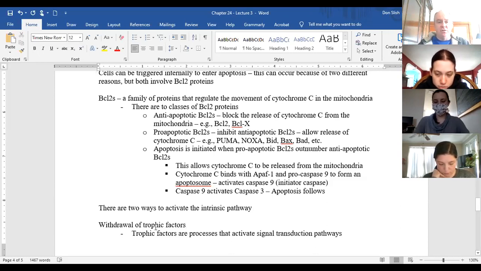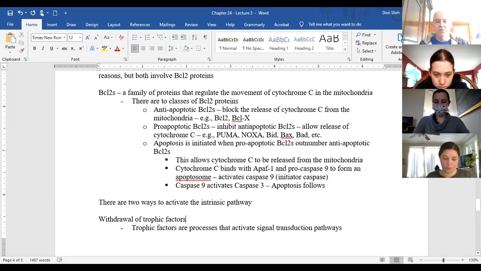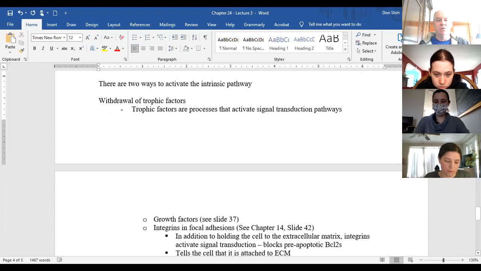And that is called a trophic factor. The trophic factor tells the cell that it's in a good condition and it can survive and it should be fine. Okay, that's one type of trophic factor. Another is growth factors.